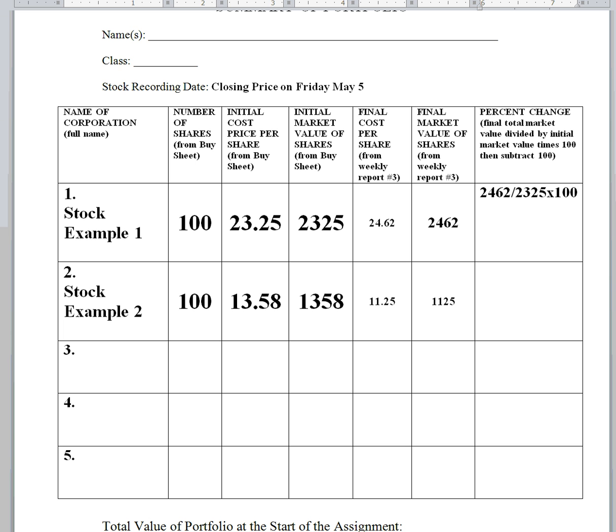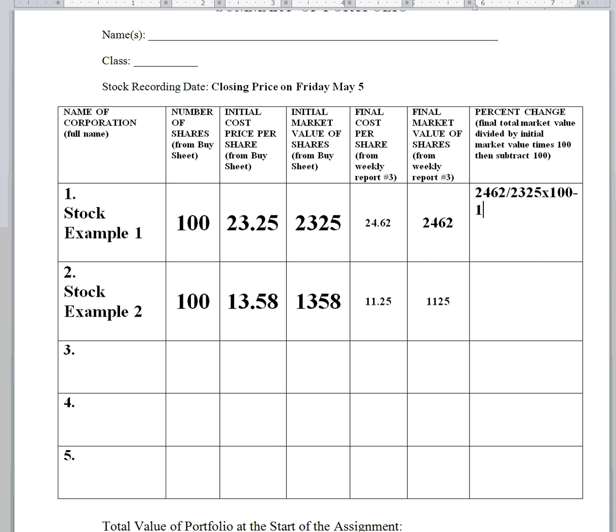When I do that on my calculator, I'm going to get 105.89 blah blah blah. Now, it doesn't mean it increased by 105%. I need to subtract my 100, which is my original value. My original value means 100% of my stock. When I do that, I get 5.89%. I'm going to round it to 2 decimal places.